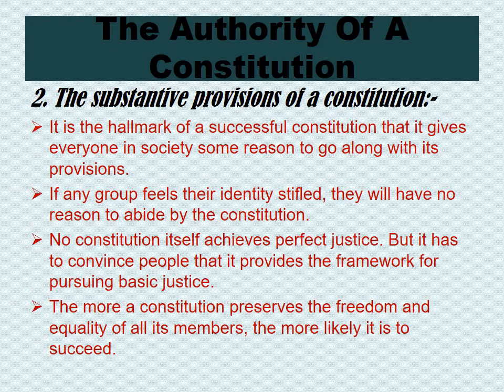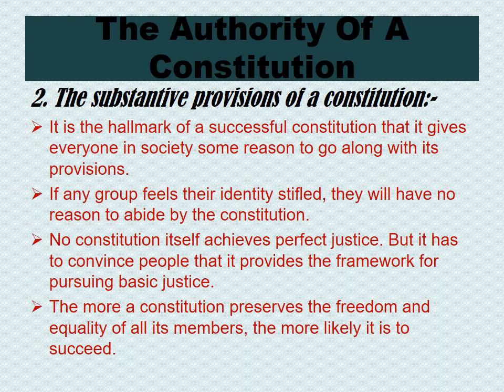Or, for another example, a constitution that systematically privileged some members at the expense of others. So, if any group feels their identity being stifled, they will have no reason to abide by the constitution.